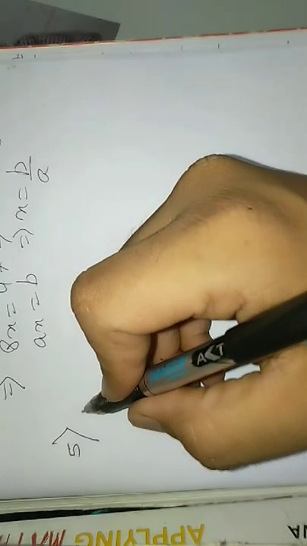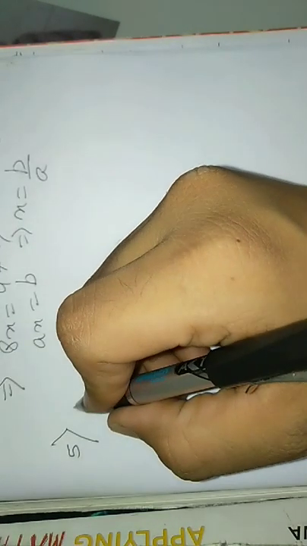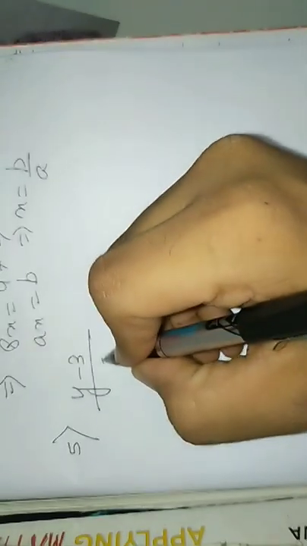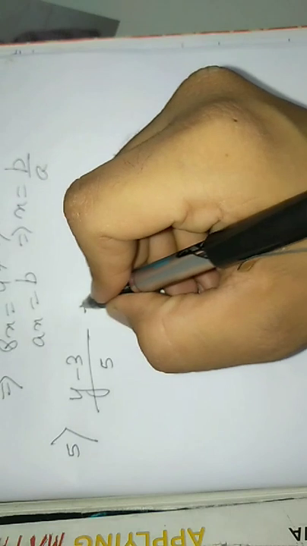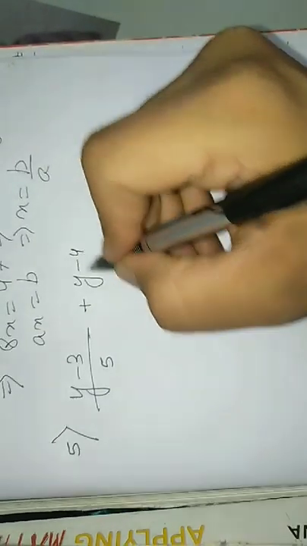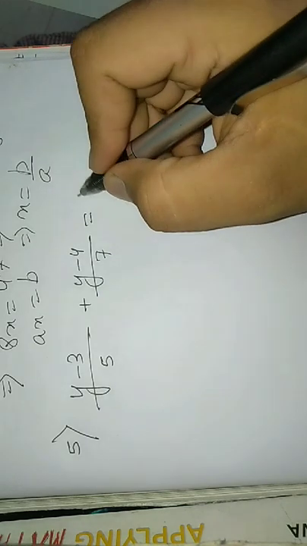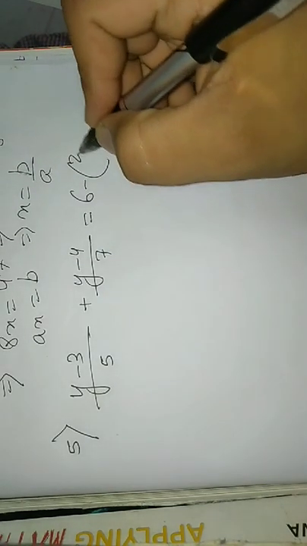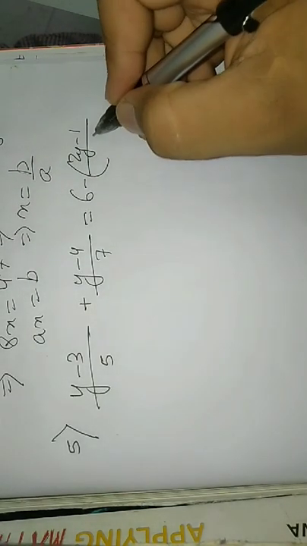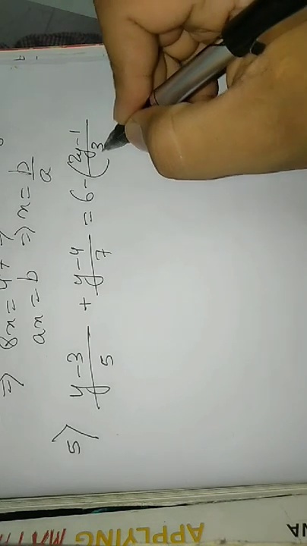Yet another question I'm doing. The question is (y minus 3) by 5 plus (y minus 4) by 7 is equal to 6 minus (2y minus 1) by 35.